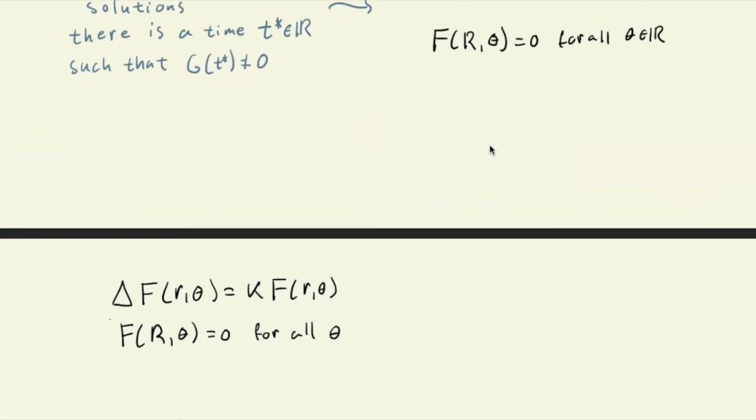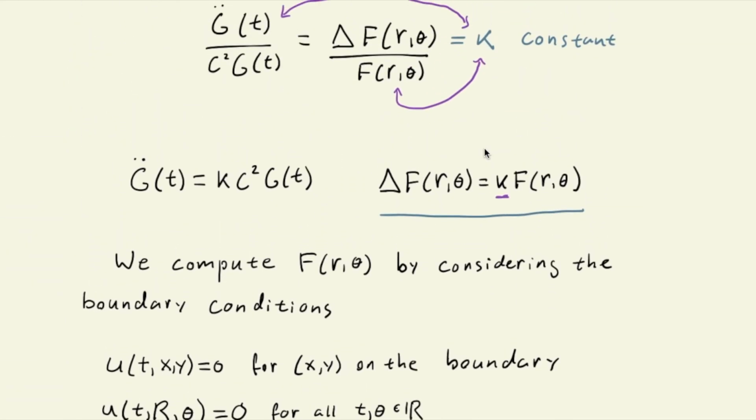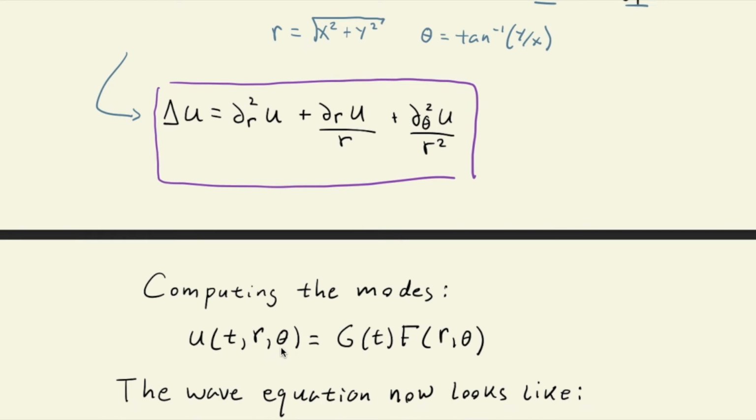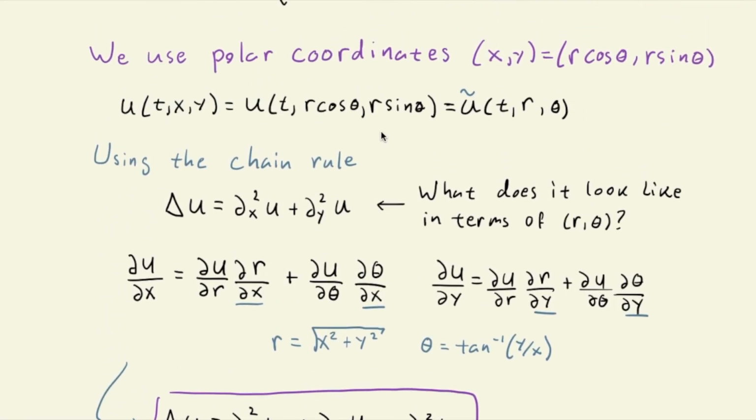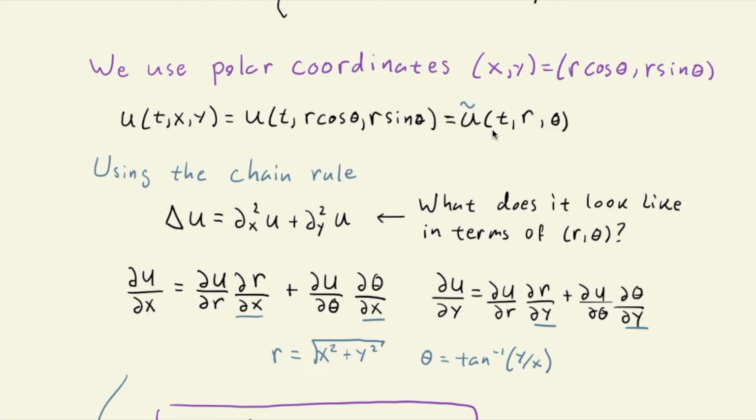So let's see why. It's basically because of how we define the function u(t, r, theta). So you see, u(t, r, theta) was defined to be u(t, r cosine theta, r sine theta).